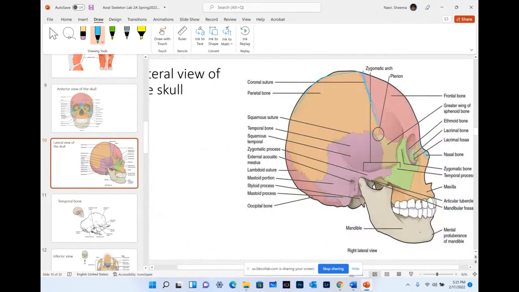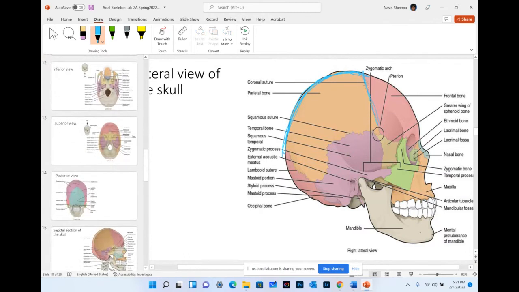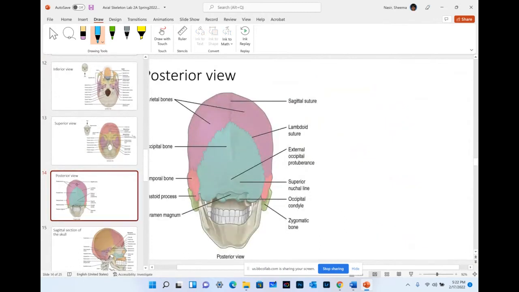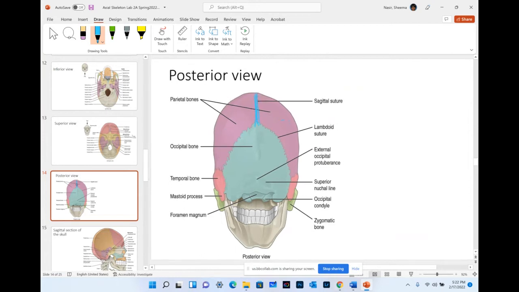And where the 2 parietal bones meet, this is going to be your sagittal suture. These 2 bones meeting in the center make the sagittal suture.